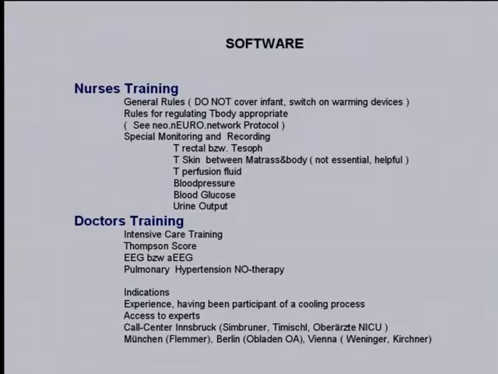The doctors' training would mainly consist of some intensive care training. They must know the Thompson score, should be able to apply the aEEG and read the aEEG, and know how to treat pulmonary hypertension.